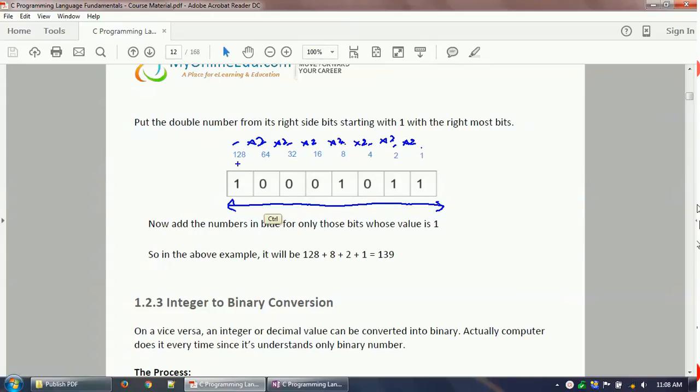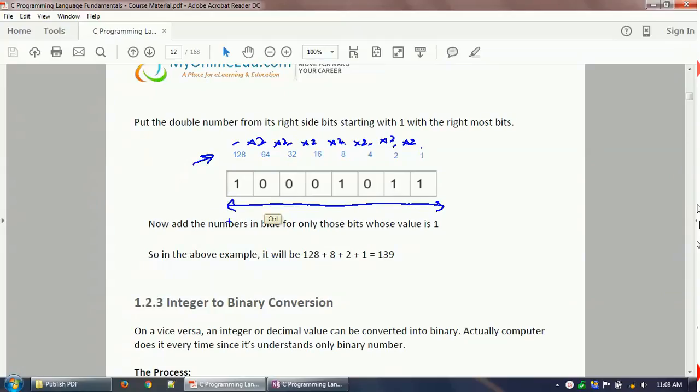Once you put these numbers on top of your actual binary number, it can continue. If it has more bits on the left side, you can continue, like it will be 256, then 512, like that, for the next bits.